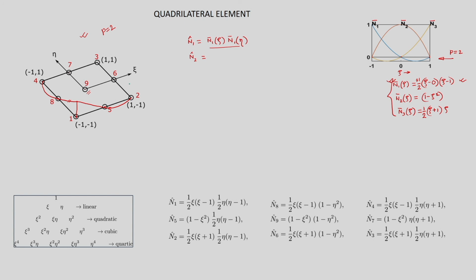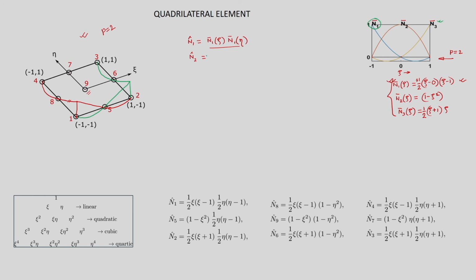Alright. So, similarly, if we construct it for n2 hat, how does it look? N2 hat is basically 1 at node 2, varies quadratically with xi, which corresponds to basically n3 bar, and also varies quadratically with eta. But in this case the variation along eta follows whatever is done by n1.